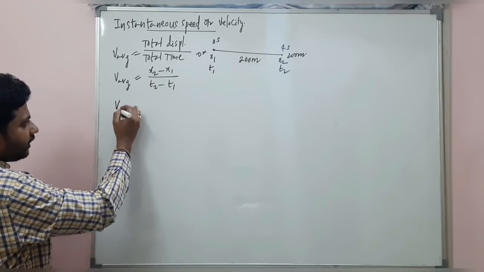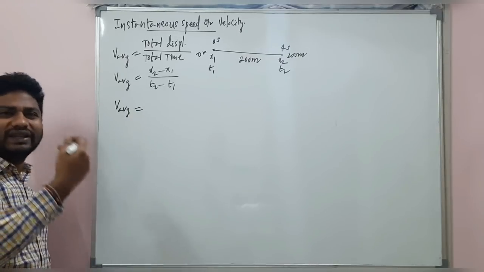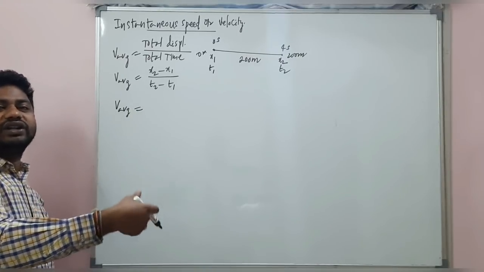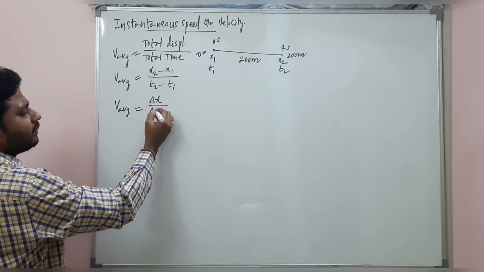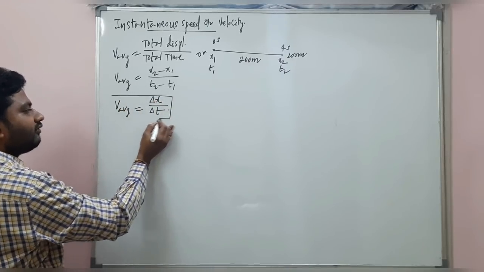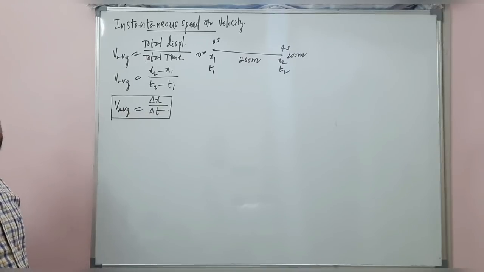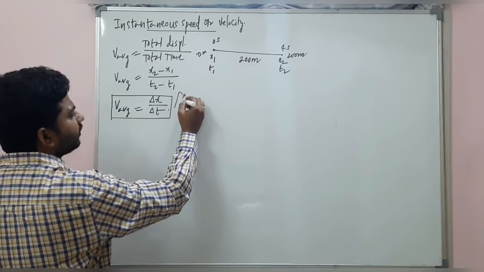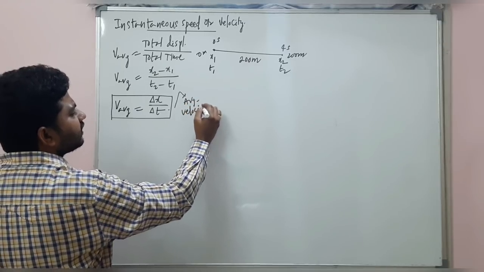So for average speed or average velocity, if a body is moving in a straight line without turning back, I could write delta x divided by delta t. Remember, this is the formula for average velocity or average speed.